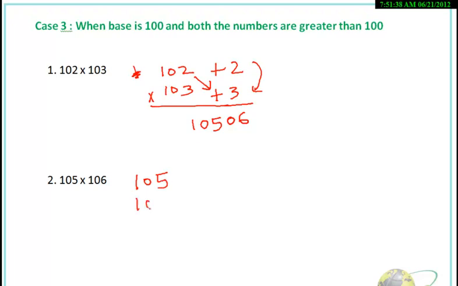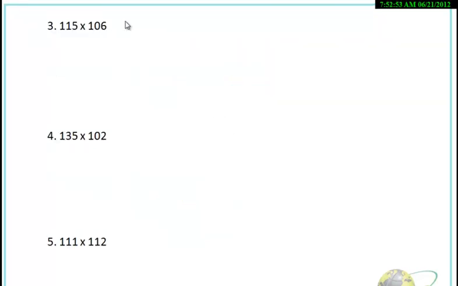Similarly, in this case, 105 into 106. It's plus 5 from 100. It is plus 6 from 100. 6 into 5, 30. And 105 plus 6 is 111. Now in this case, 115 into 106. It is plus 15 from 100.